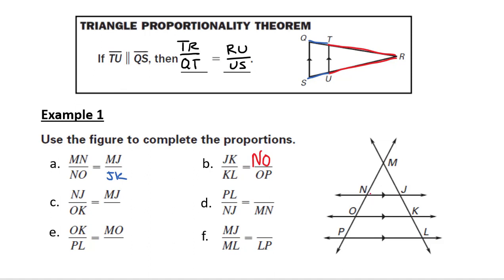NJ is to OK. Actually, I want to do that in a different color. NJ is to OK as MJ, this little side of that triangle, is to the whole thing, MK.